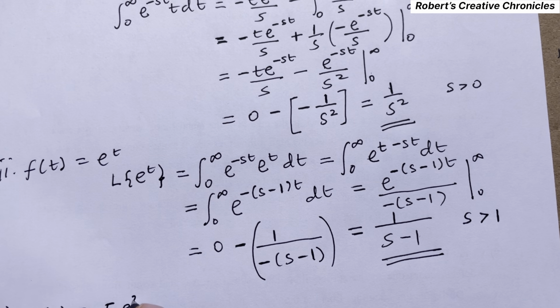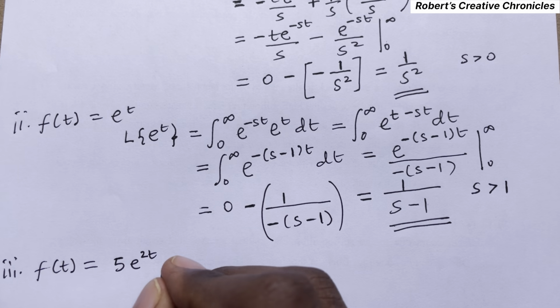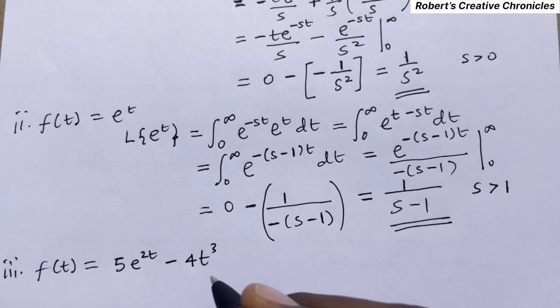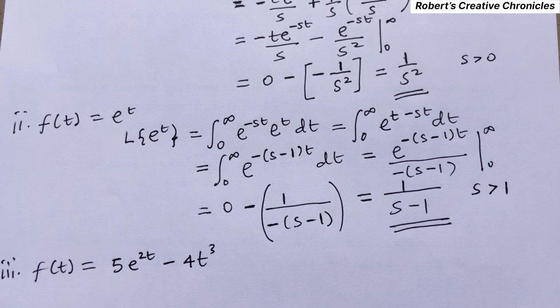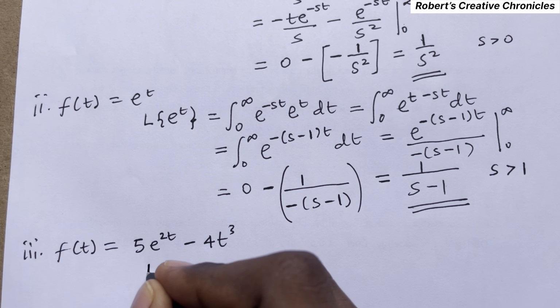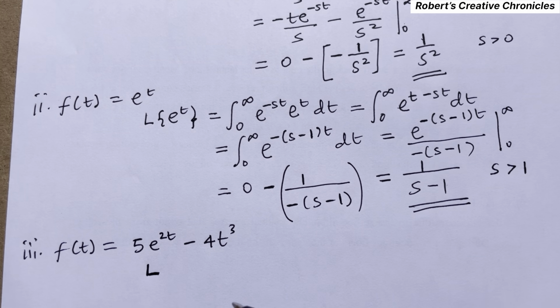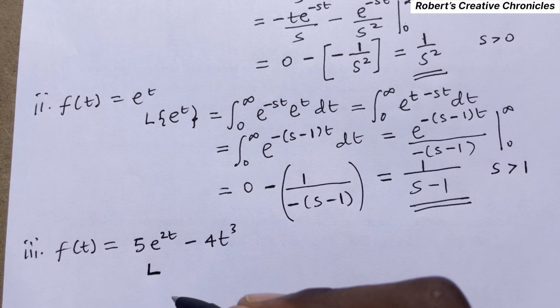5 exponential 2t minus 4t cubed. So now, for this one, we are going to just use the standard values of Laplace transform given in tables.